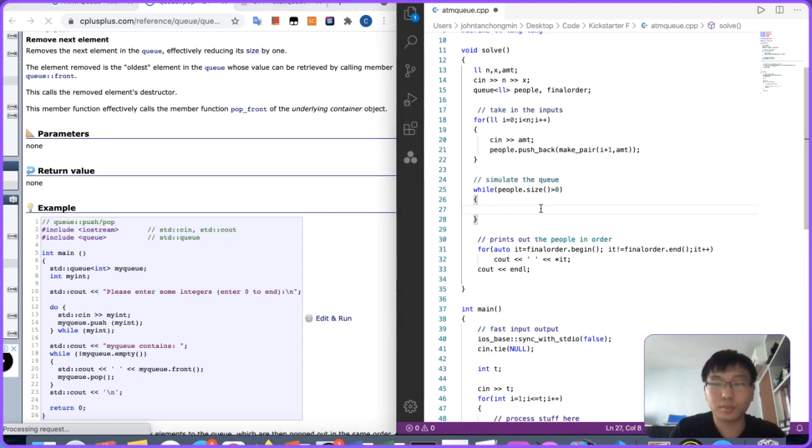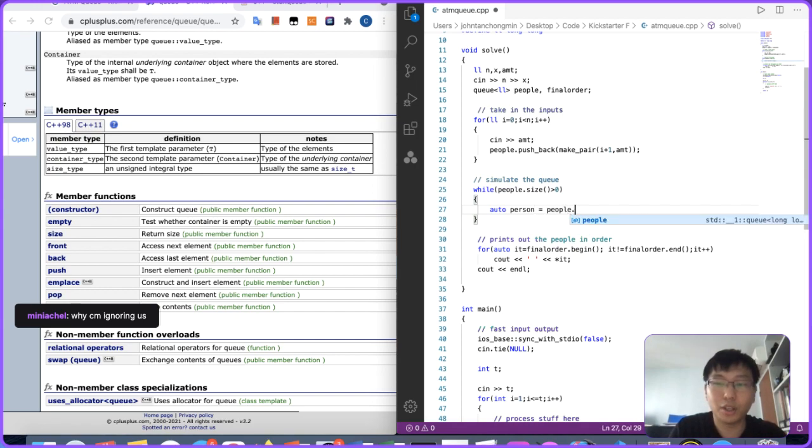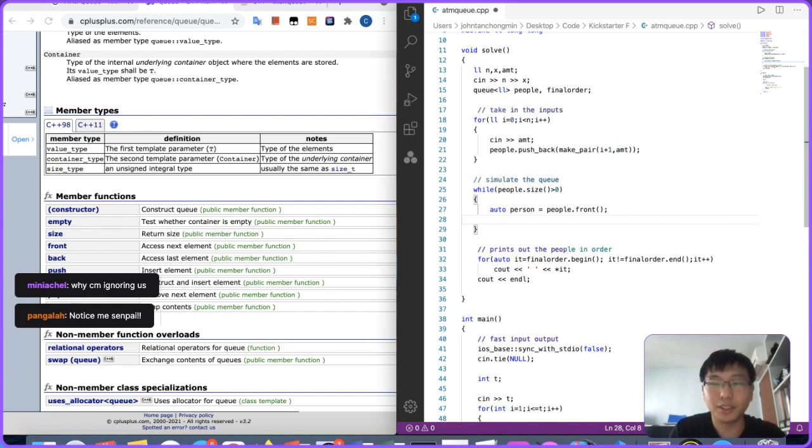Okay, so actually I can just use auto, right? Yeah, I don't need to define pair. So auto, let's just call it person. Because we call it people, maybe the first one equals people dot front. Yeah, we just take out the first person.